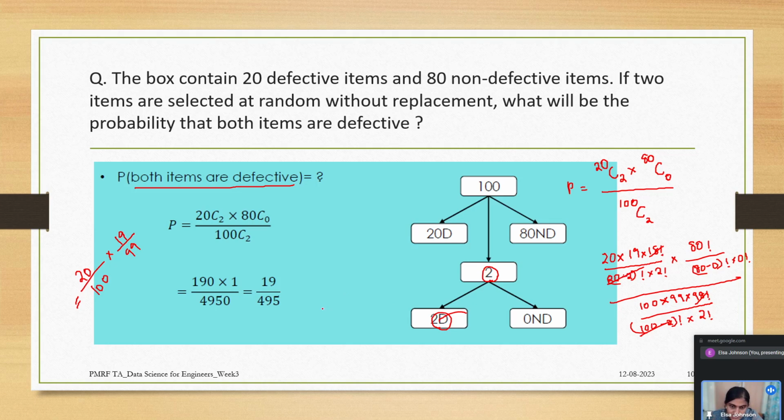Whenever you want to select something, I think you have seen permutations and combinations. Permutations you will usually use when you want to arrange some things. For example, if we have defective as a word and you want to see how many times we can arrange it, then we have to see how many things it is, how many times each is repeating, and how many ways we can arrange this.